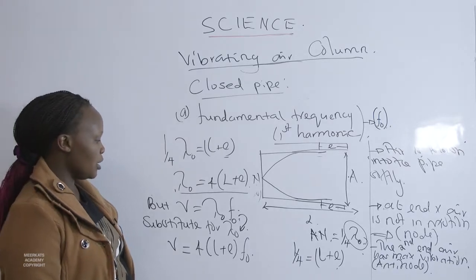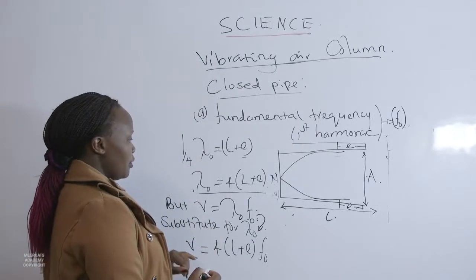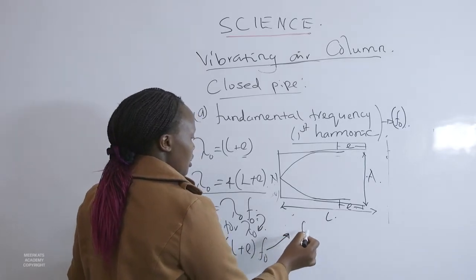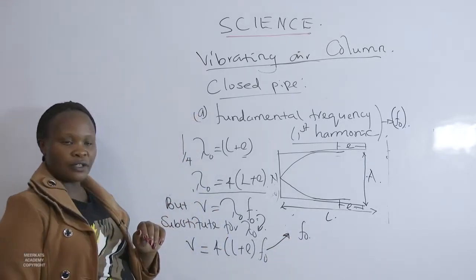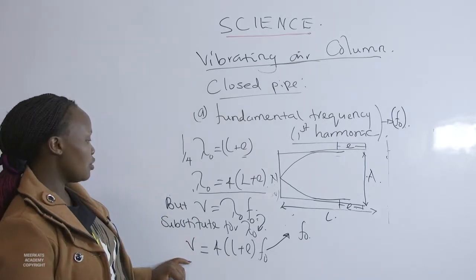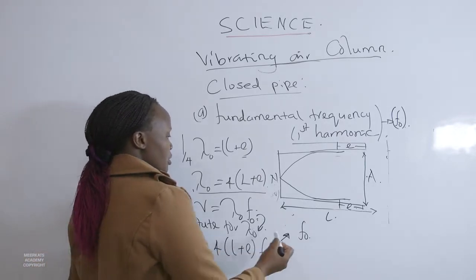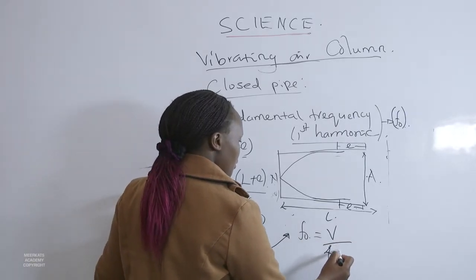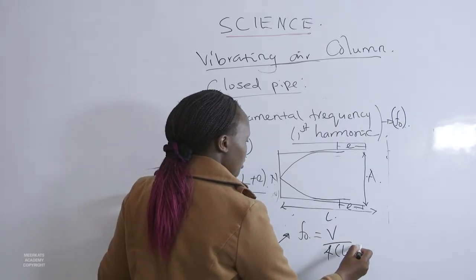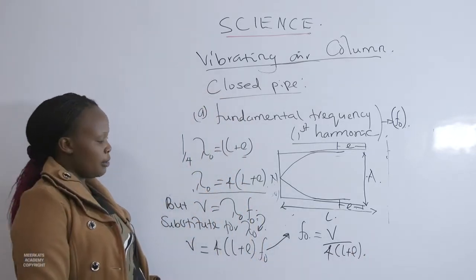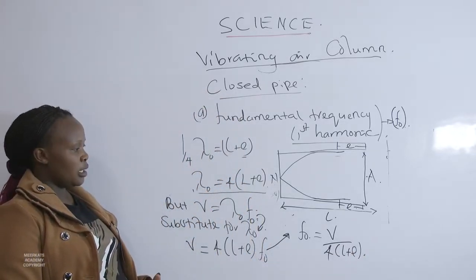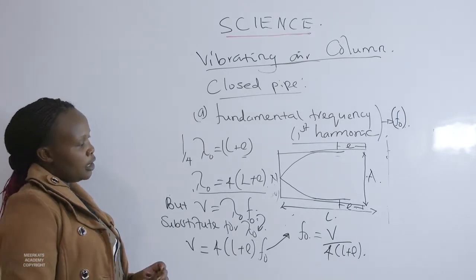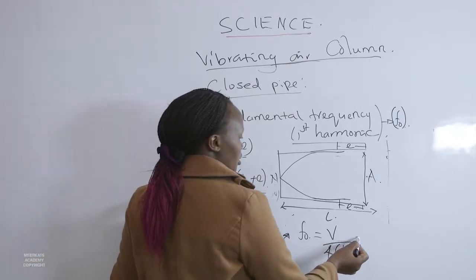Now that is to mean, therefore, we can make F the subject, which is our parameter of interest, so that F naught now becomes V over 4 into L plus E. Now we shall call this one equation 1.